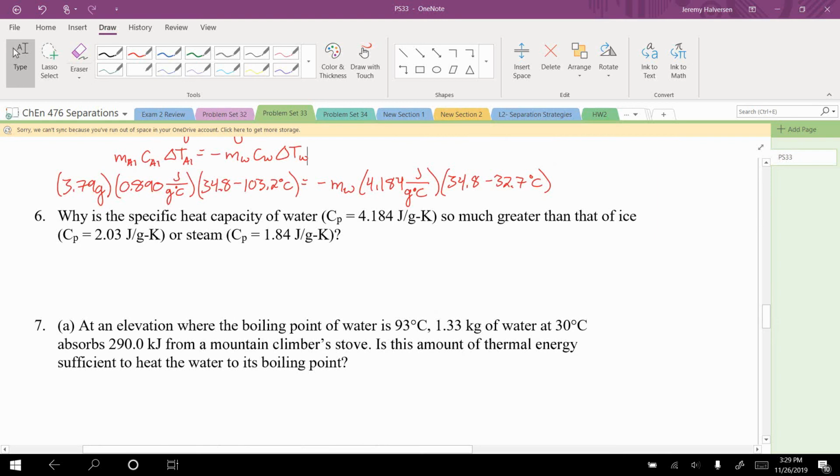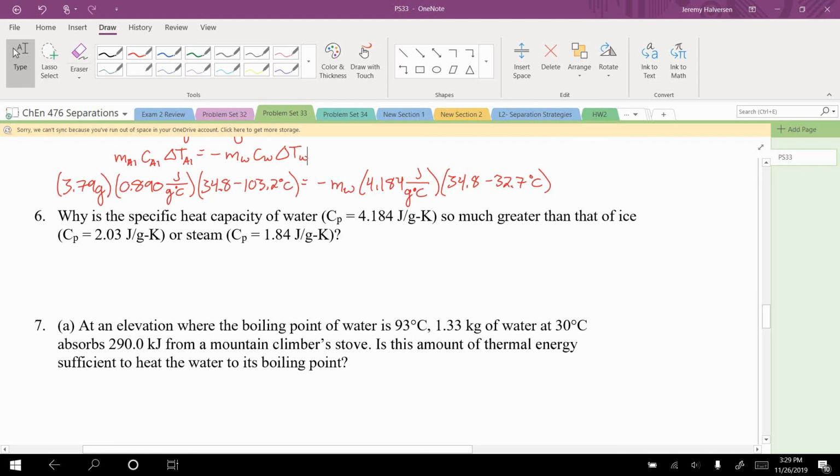Conceptual question. Why is the specific heat capacity of water so much greater than that of ice or steam? Okay, really this comes down to hydrogen bonds. Water can create a lot of hydrogen bonds, and that's what absorbs the heat. The heat is absorbed in those intermolecular forces, right?